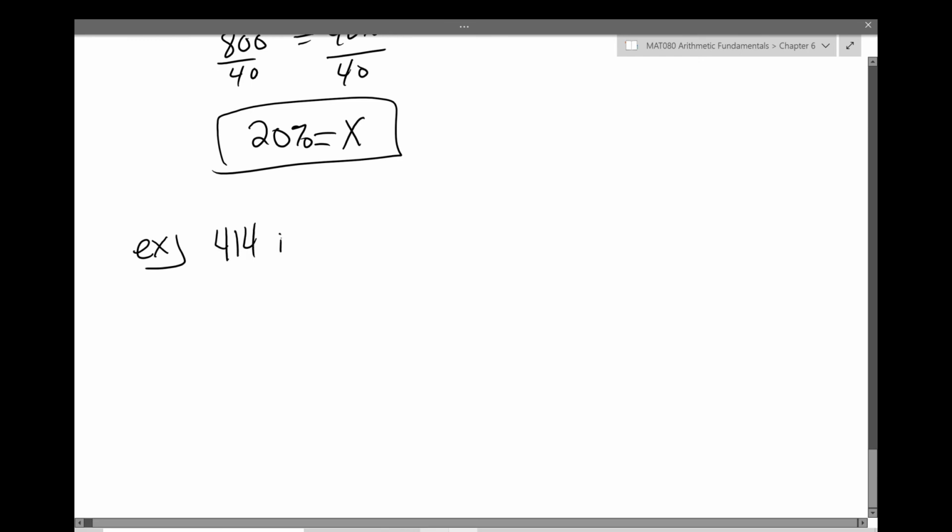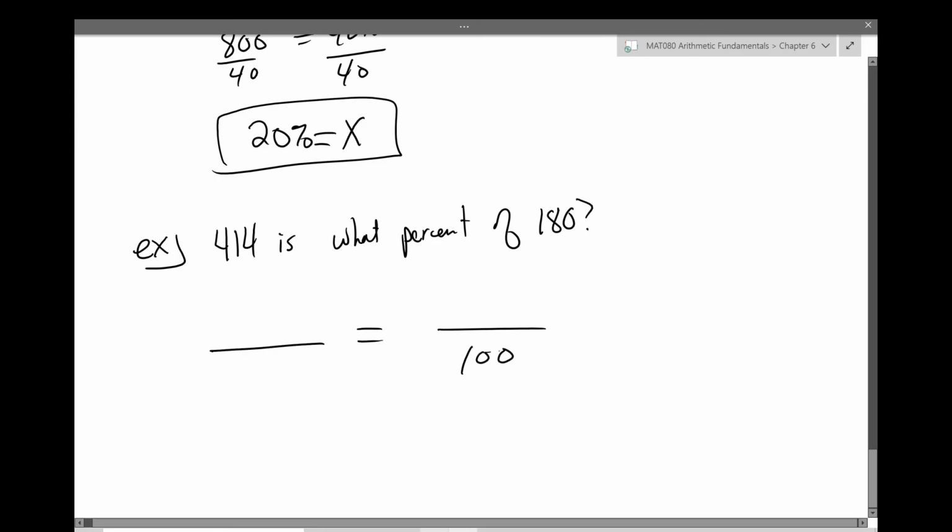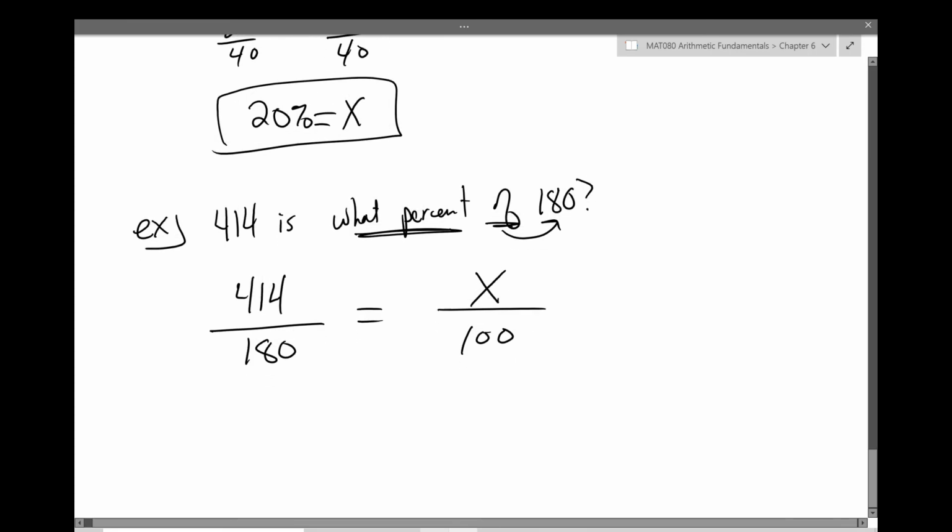414 is what percent of 180? All right. Set up your percent proportion. What percent? There's your x. Here's the word of. I look to the right. That's going to be 180. So 414 goes up top.